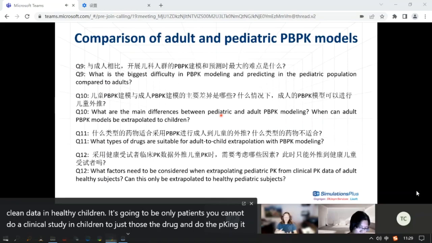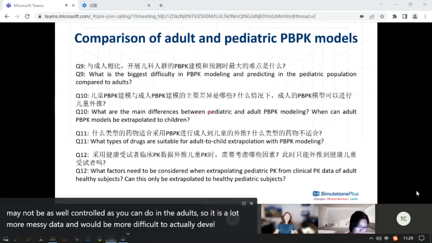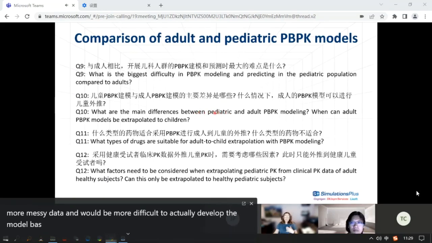It may not be as well controlled as you can do in the adults. So it is a lot more messy data and would be more difficult to actually develop the model based on pediatric data alone. It can be done, but it's just easier to do it from adult data from more well-controlled studies.